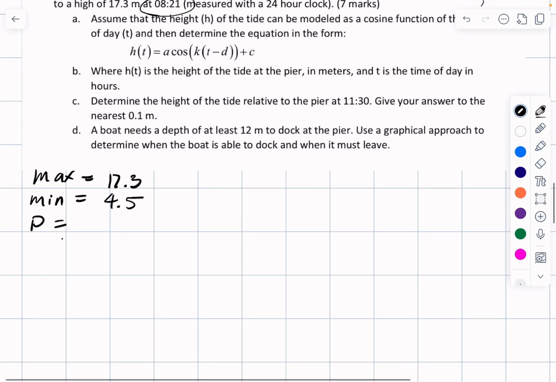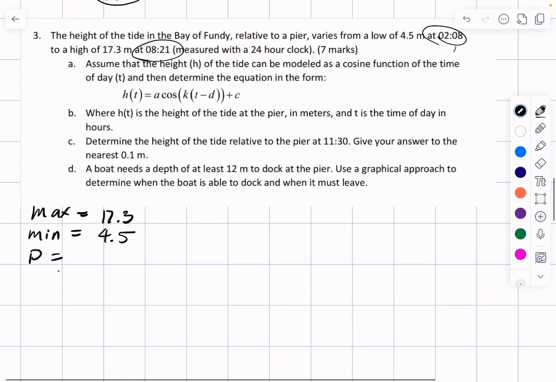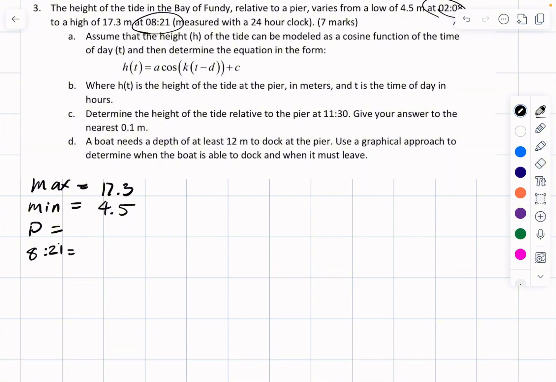So to find the period, let's first convert the time into hours. 8:21 is equal to 8 plus 21 over 60, there's 60 minutes in an hour, which equals 8.35, and 2:08 equals 2 plus 8 over 60, which equals 2.13.